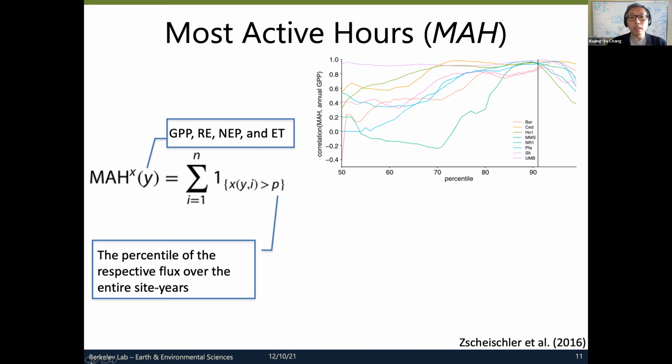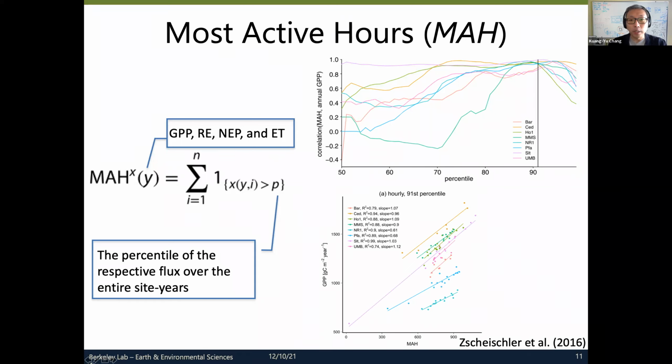When defining the 91st percentile GPP as the threshold and calculating MAH as the number of hours when hourly GPP exceeds its 91st percentile, MAH largely explains the interannual variability in annual GPP, as shown in the bottom figure.